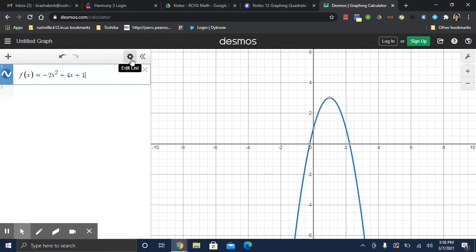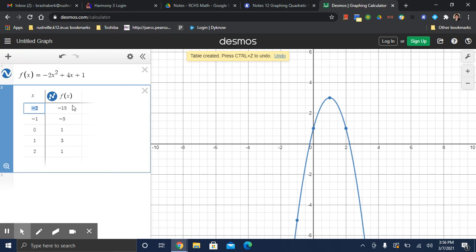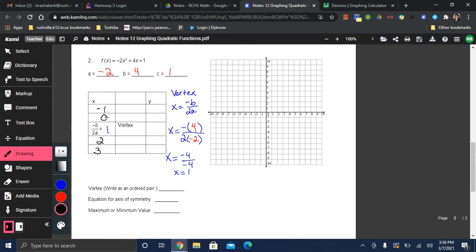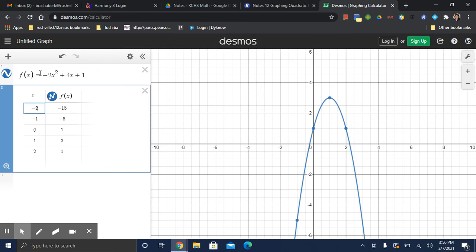So notice that my graph is opening down, and that's because I have a negative for the a value. I want to do the gear to get my table, and then there's my table icon, and my x values were negative 1, 0, 1, 2, and 3. So we'll type those in, negative 1, 0, then 1, 2, and 3.